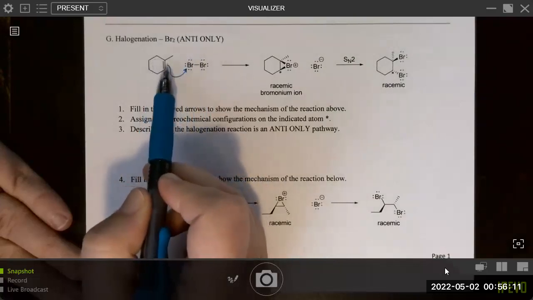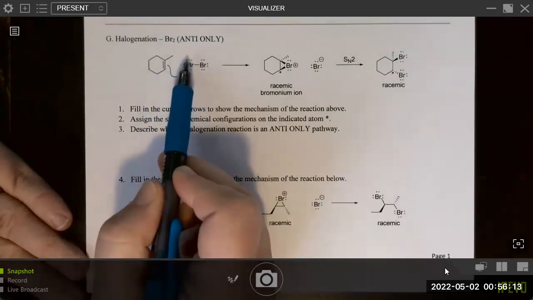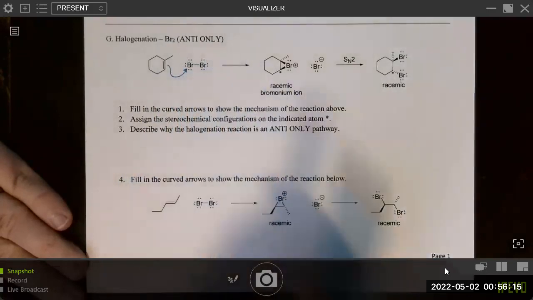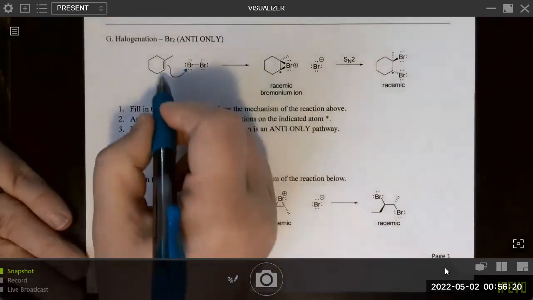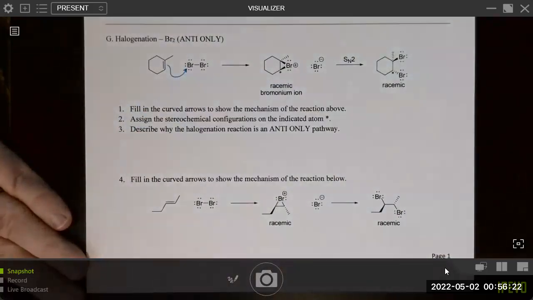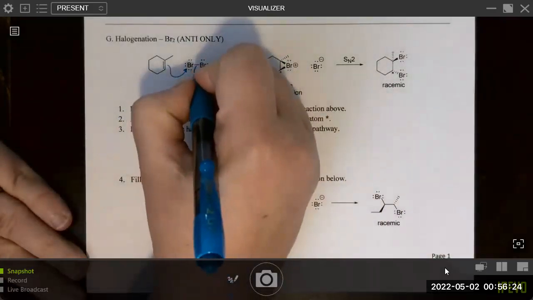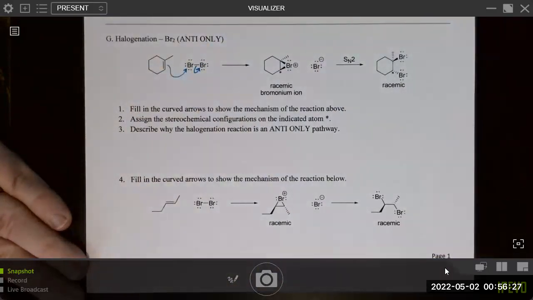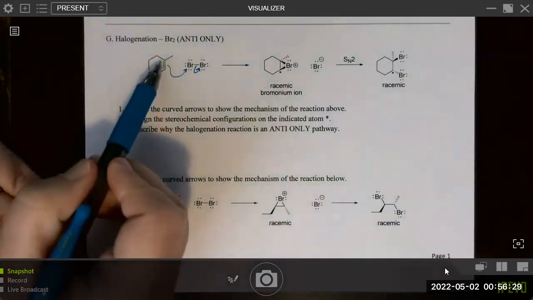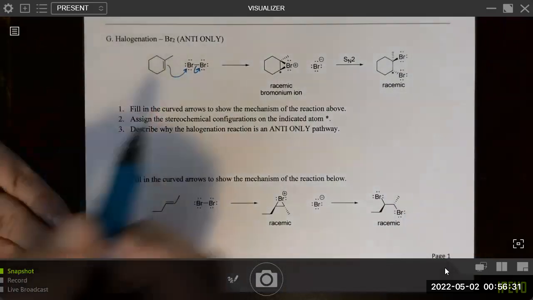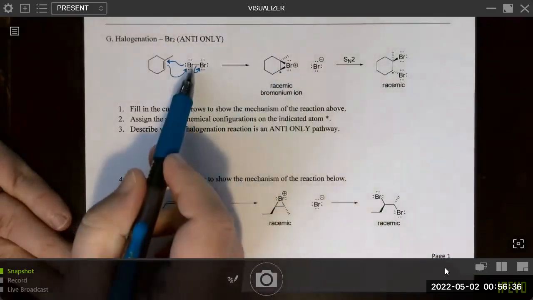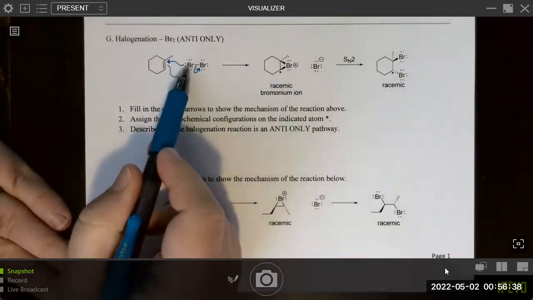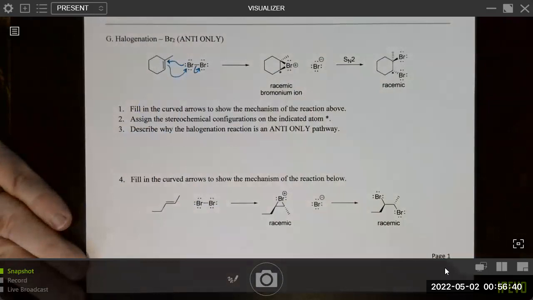And as something electron rich approaches it, it does generate a delta positive, delta negative, which will attract a nucleophile. So you can think of this arrow as a nucleophilic attack, and this arrow as loss of a leaving group. And then in order to avoid a carbocation forming, we'll actually draw a third arrow from one of the lone pairs on the bromine to form a bond to that carbon simultaneously.